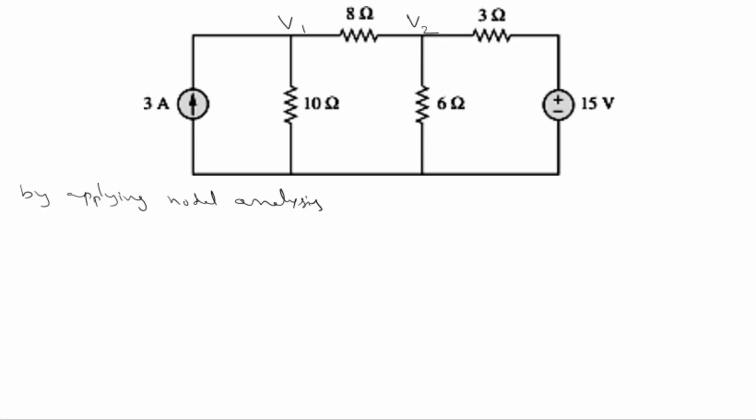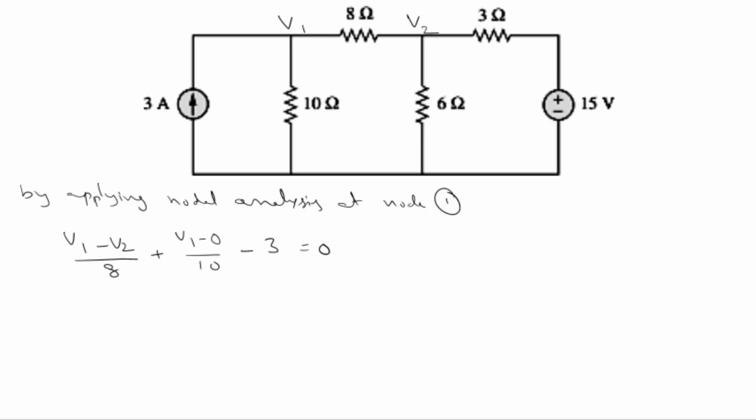At node 1: V1 minus V2 by 8 plus V1 minus 0 by 10 minus 3 amperes is equal to 0.